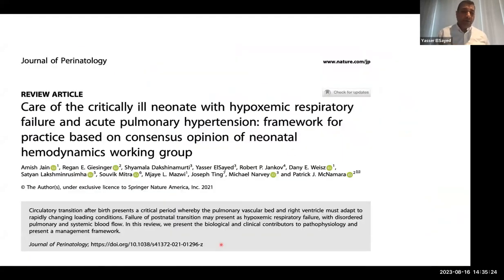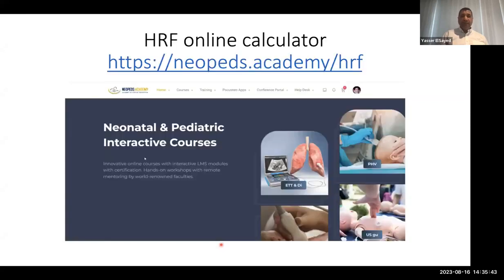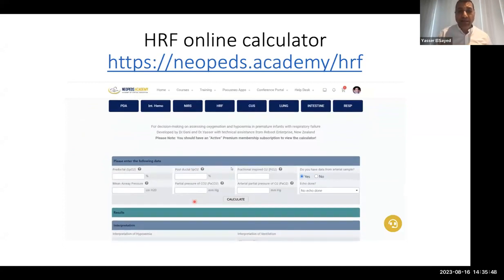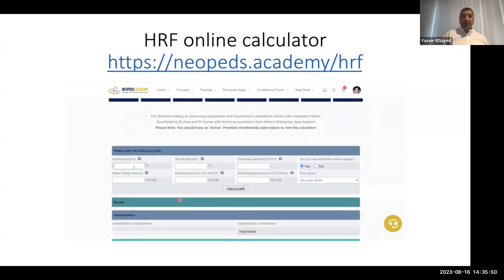The algorithm to manage critically ill neonates with hypoxemic respiratory failure or pulmonary hypertension, as a framework, is also considered the policy of the Canadian Pediatric Society as a statement, and was already published. And in our NeoPeds Academy, we actually used the same protocol as AI, artificial intelligence, to help you in decision making.